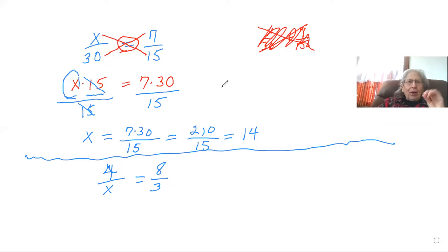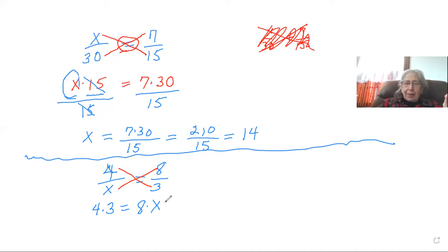Yes. Okay. Then it's got an equal sign, so we can cross multiply across the equal sign. Which will give us 4 times 3 equals 8 times x.